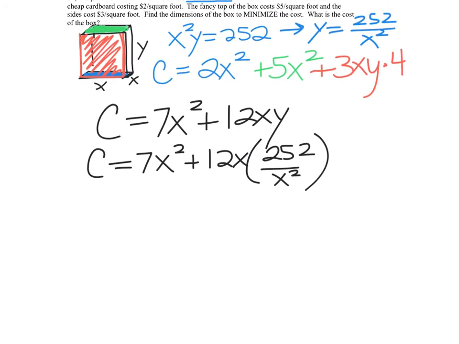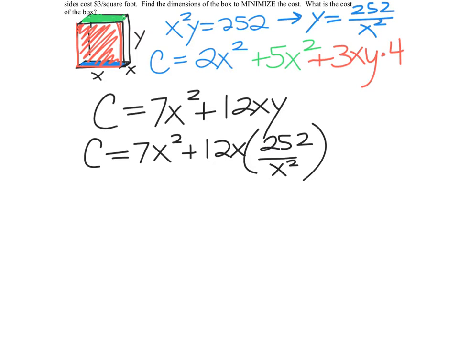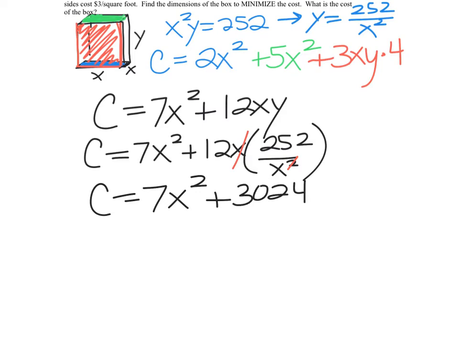And you really want to simplify any of your formulas before taking the derivative of them. It's really helpful. So this is 7x squared. These x's here will reduce one of them, giving you plus 12 times 252. I worked that out. It's 3,024 over x.